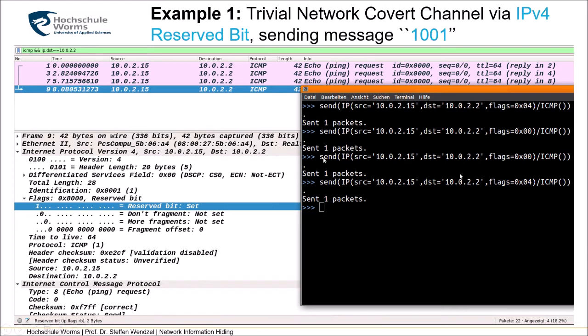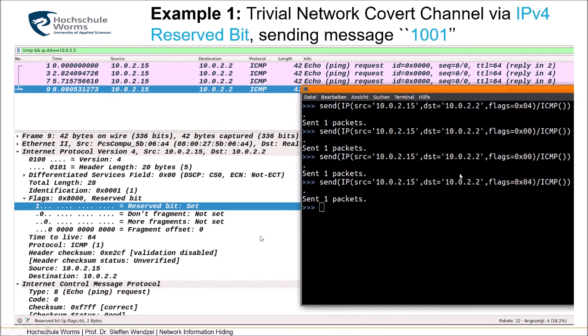I set it to 1 or 0 using this hex value. And so I set it to 1 first, then twice to 0, and in the last packet to 1. So this would indicate a hidden bit message 1001 and would be a very simple form of a covert channel.